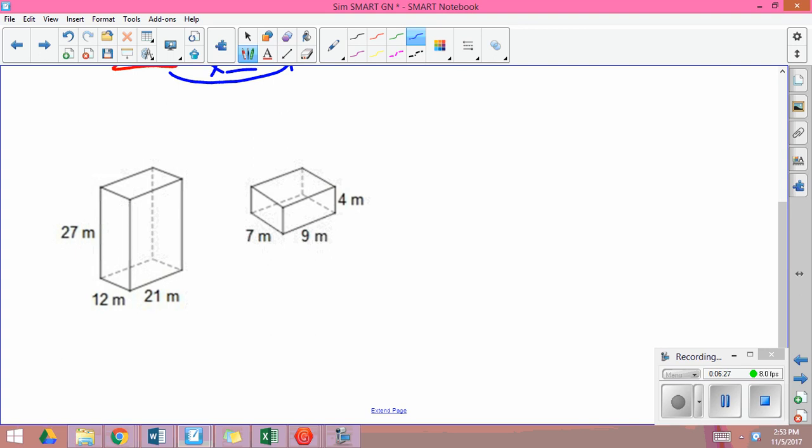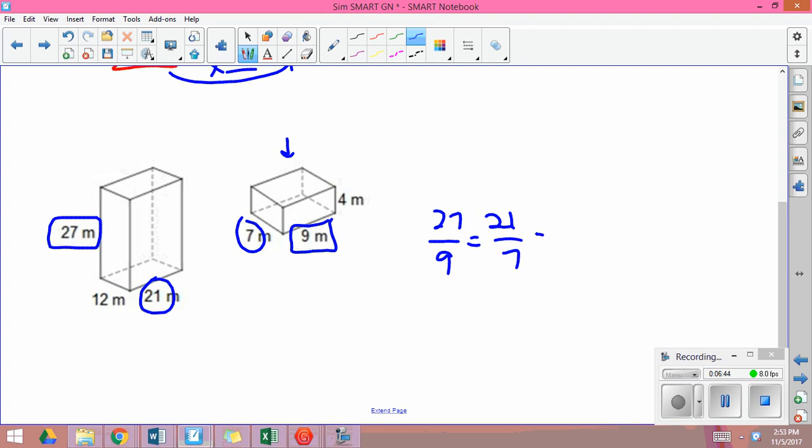Now, this second box is laying on its side, so the longest side corresponds to the longest side. Is 27 over 9 at the exact same rate as the second side to the second side? 21 over 7, is that the same rate as 12 to 4? It's a little harder to use cross products when you have 3 fractions, so let's reduce each one of these.